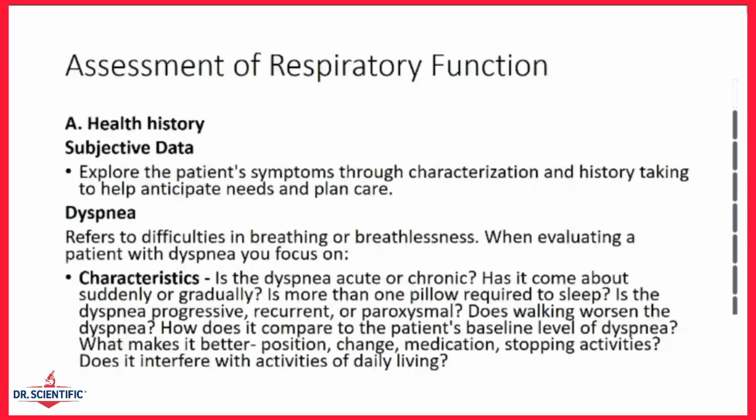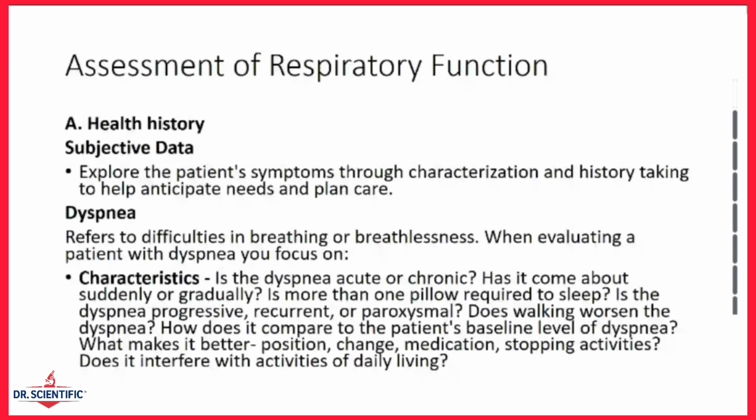Of course, when we talk about subjective data, we want to look at the history of the cough, the sputum, the color of that, the consistency, the amount. We want to look at the dyspnea, those difficulties in breathing. When evaluating the dyspnea, you want to look at its characteristics.